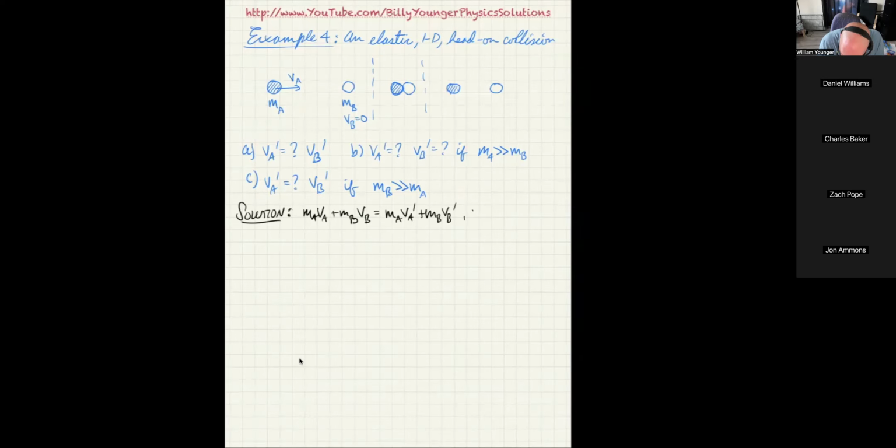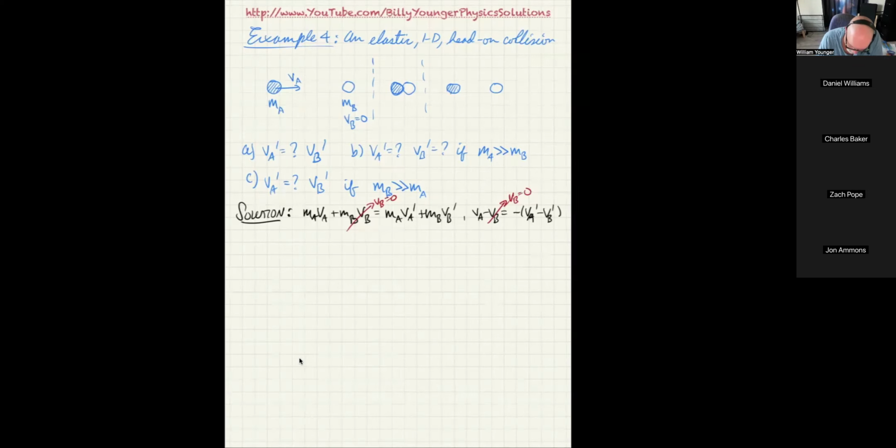We also know that VA minus VB is equal to negative VA prime minus VB prime. Our job here is to figure out a way to solve for this. Now, what we do know also is VB is 0, so we can do a little bit of work with that.